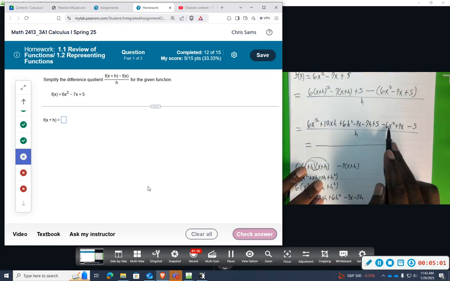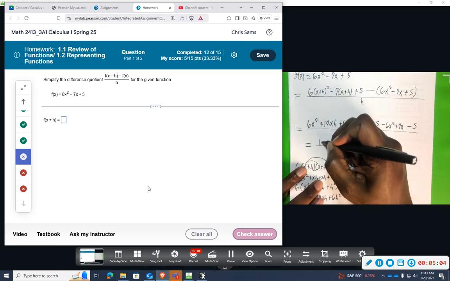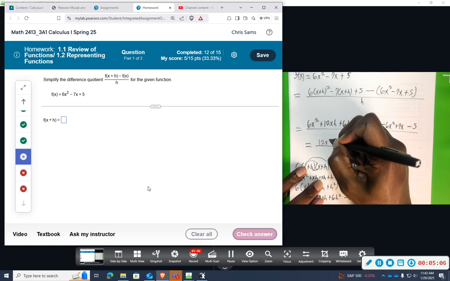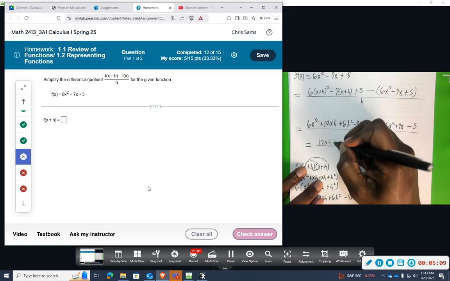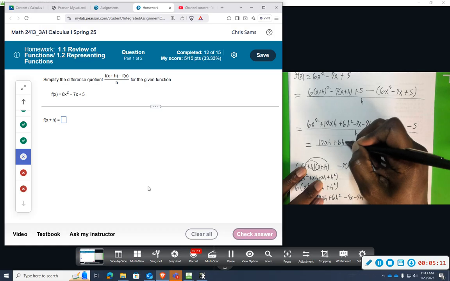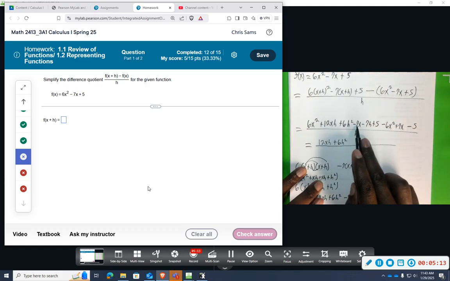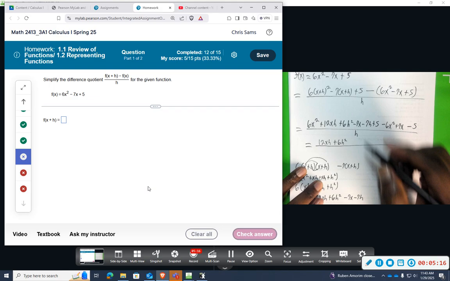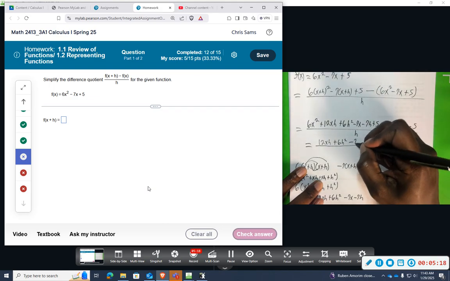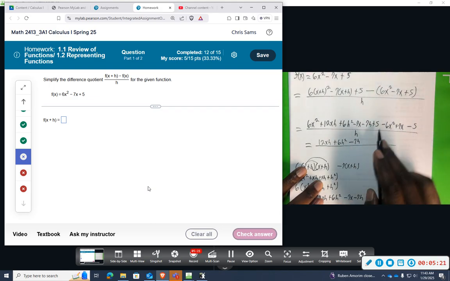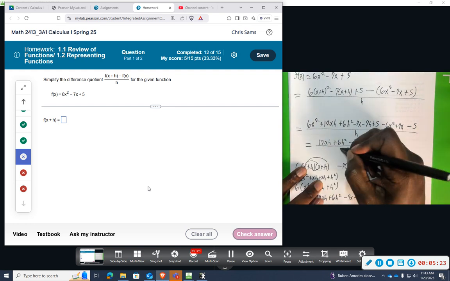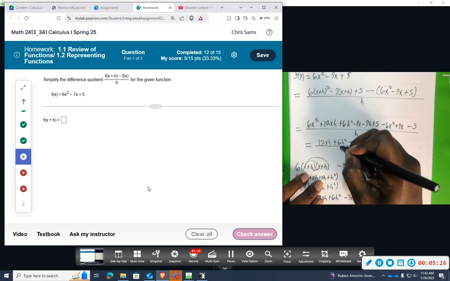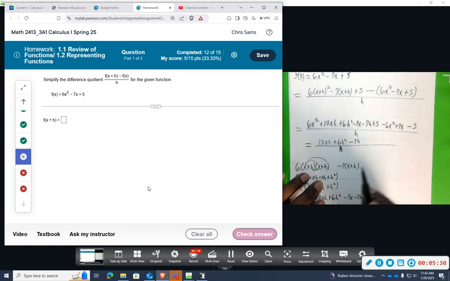So the 6x squared cancels, leaving me with a 12xh plus 6h squared. The 7x will cancel with positive 7x, leaving the minus 7h. And the 5 will cancel, and all of this is divided by h. Alright, and the next step, everything on the top has an h, so I can factor out an h.